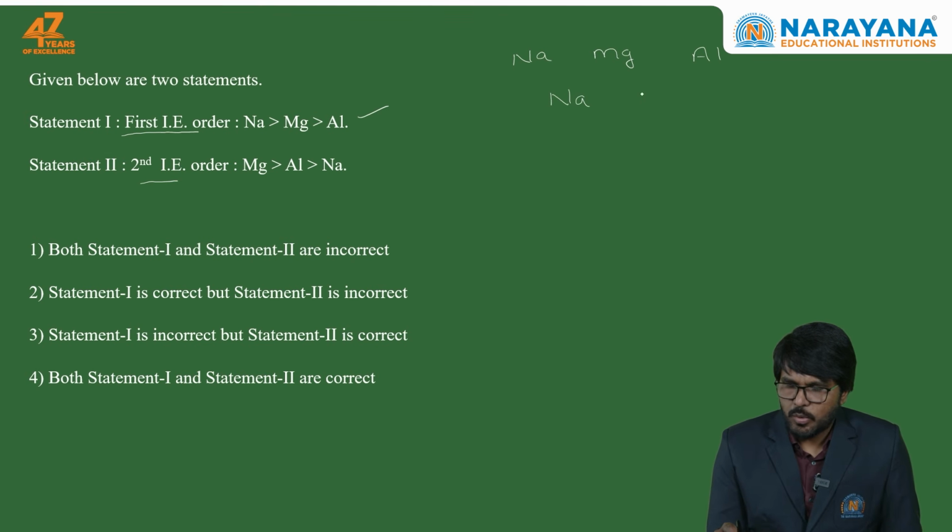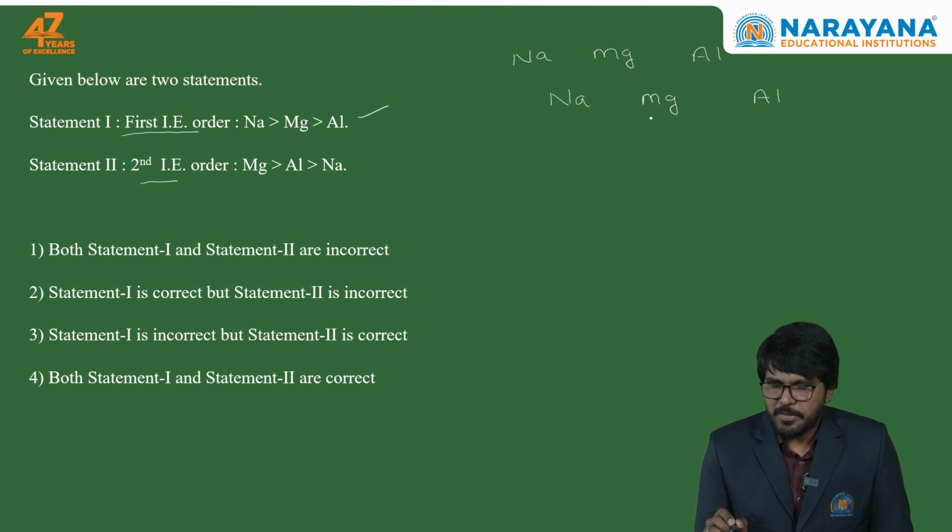In general, left to right ionization enthalpy increases, but in case of magnesium and aluminum, due to the stable, fulfilled electronic configuration of magnesium, the ionization enthalpy of magnesium is greater than aluminum.